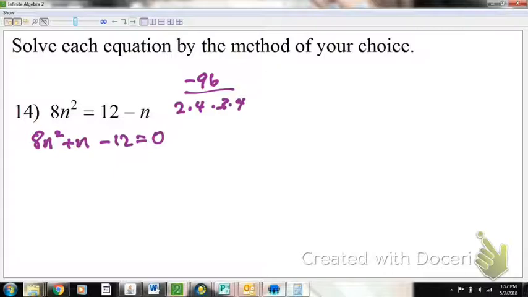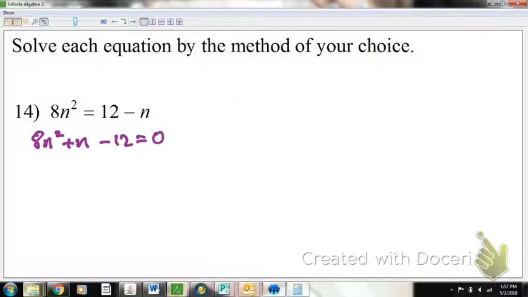Any factors of 96, 6 and 16, 8 and 12 is what we used to get there. That's not going to subtract to be 1. 6, 2 more 2s. I don't know if this is factorable, and I've already spent enough time.